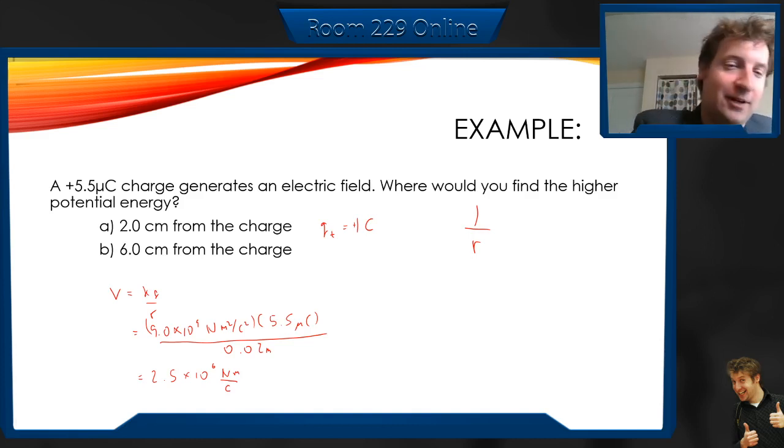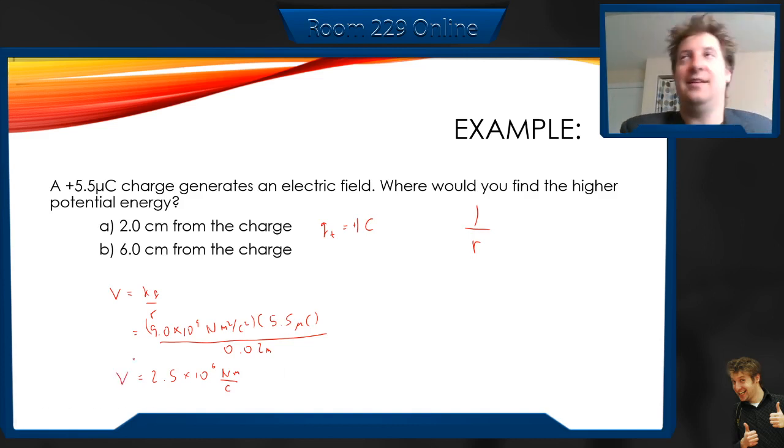Do the units work out? Always do. Let's just check. So a newton meter per coulomb. What the heck is a newton meter? That's going to be a kilogram meter per second squared multiplied by meters all divided by coulombs, and that thing on top, that's a joule.